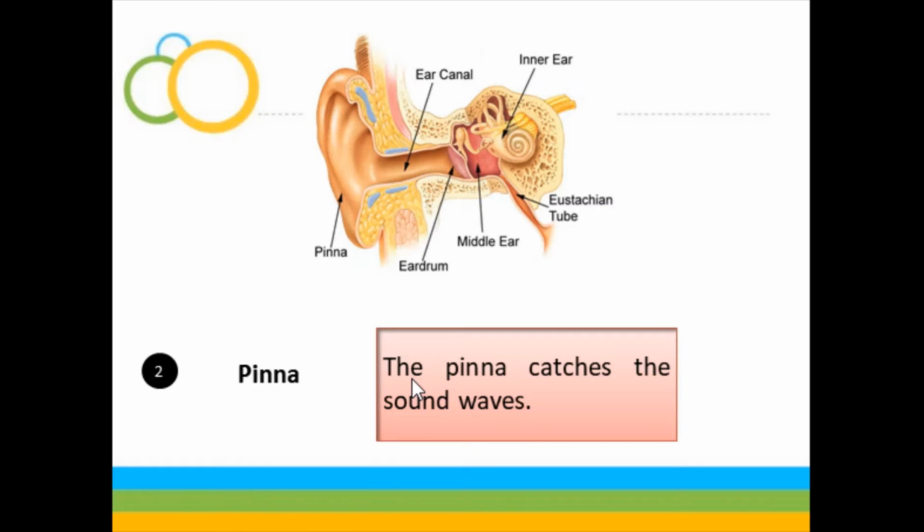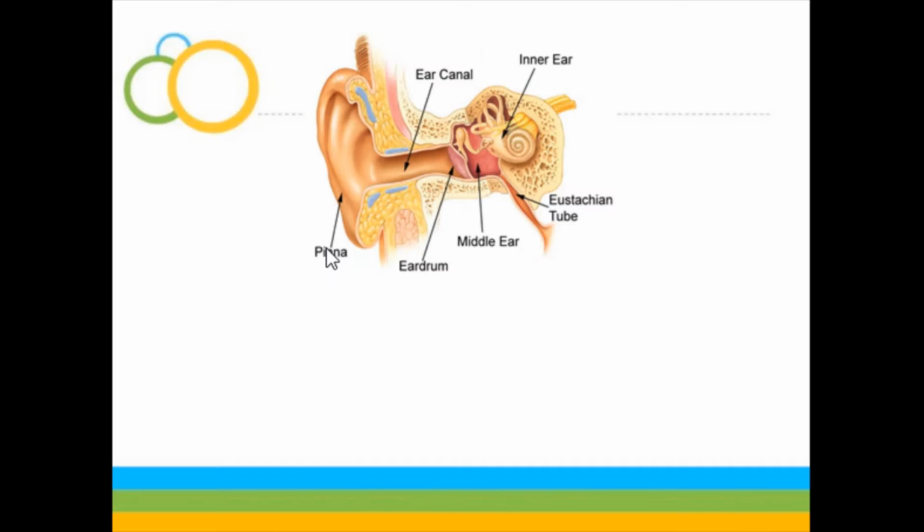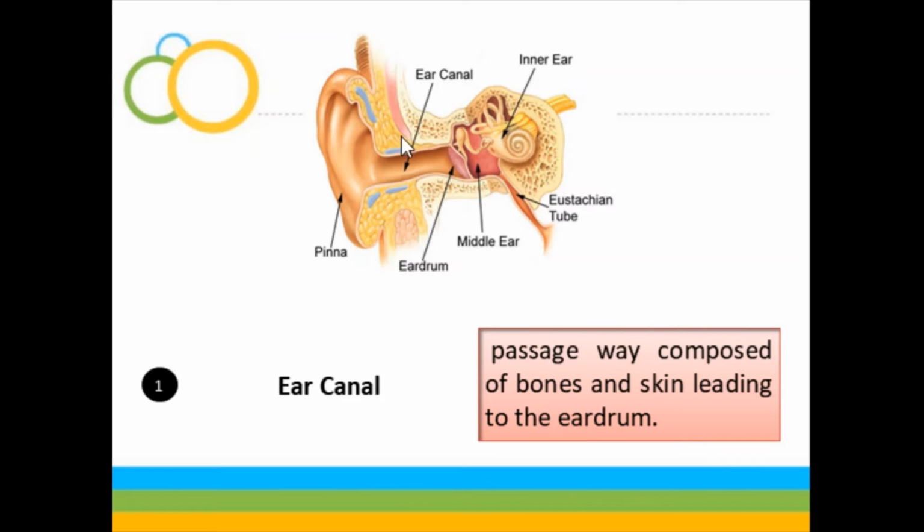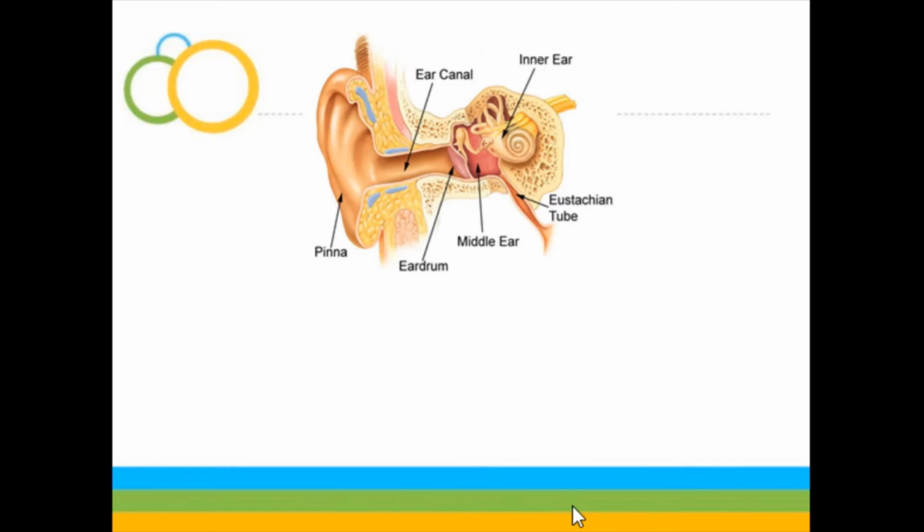For example, the dog barks. The first one to catch it is the pinna. Okay, one more time. What is this part? Very good. It's the pinna. And the ear canal is right here. It's like a long tube where the sound wave will pass.